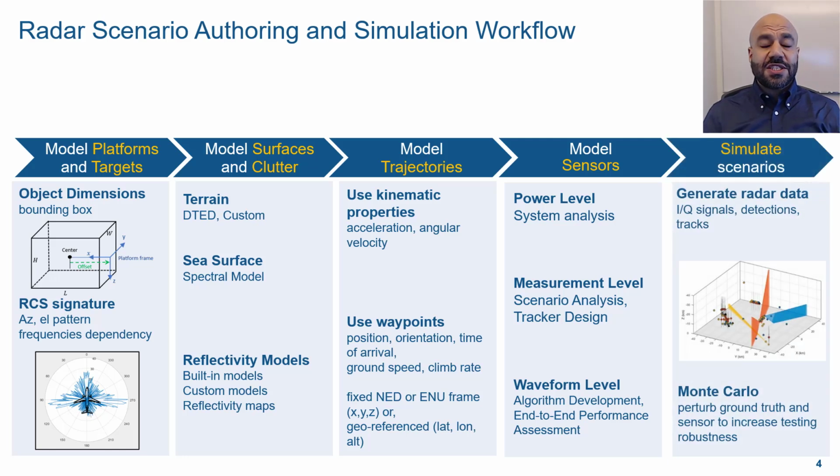And then we simulate the scenario to generate detections and tracks or IQ signals, based on the abstraction level that we chose for our radar model. You can also perform Monte Carlo analysis by perturbing the ground truth or system parameters to understand the effect of variations on these parameters on your radar system performance, which will be very helpful to avoid very expensive field testing.